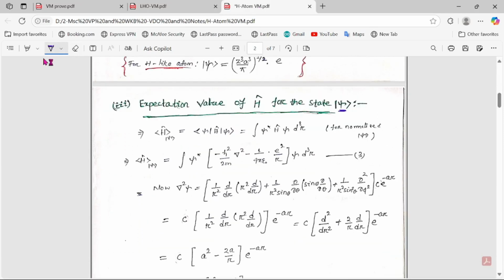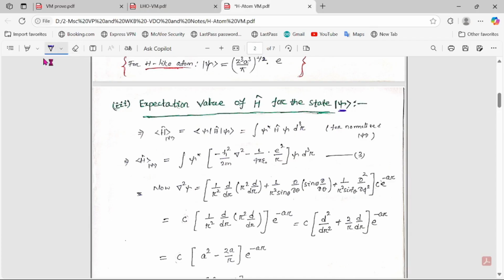The expectation value of the Hamiltonian of a system having a particular eigenstate psi is in general written as the bracket psi H psi, or in integral form, the integration of psi star H psi. In 3D it will be written as d tau over psi star psi d tau. But as this psi is normalized, the denominator value will be 1, so no need to write the denominator part. Only the numerator part we have to write and calculate.